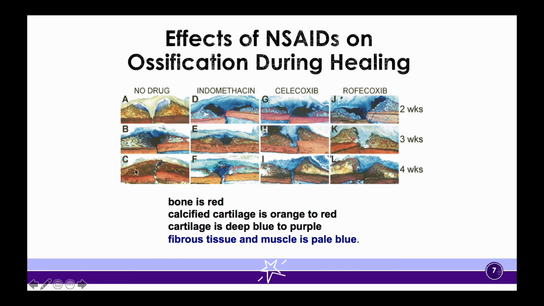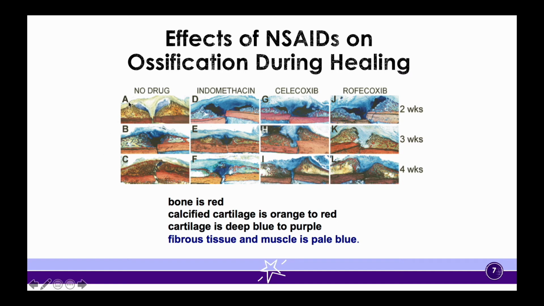When you can see this orange to reddish color right here, this is our cartilage, our calcified cartilage. The cartilage that is not calcified is these darker blue areas in here, almost to a deep purple. And the lighter blue of what you can see is sometimes muscle, but a lot of it is just fibrous tissue that is building up. So you can see that lighter blue that's right above that.